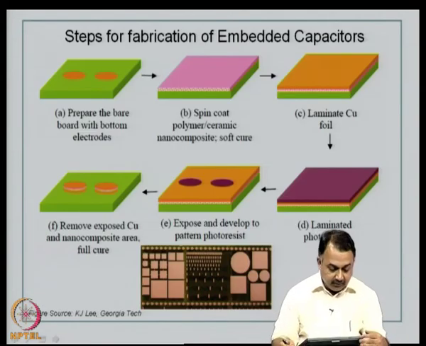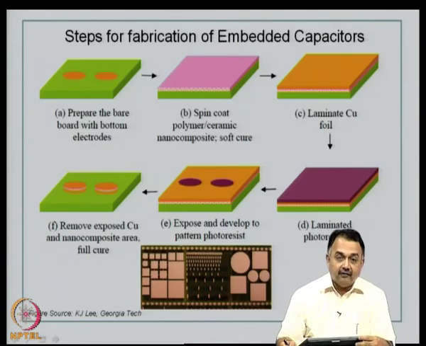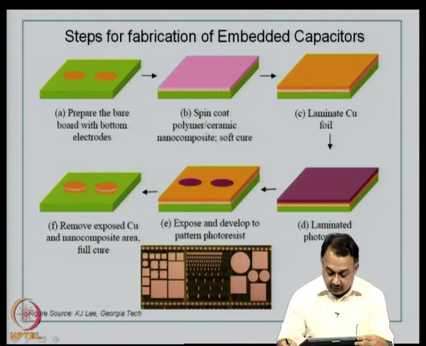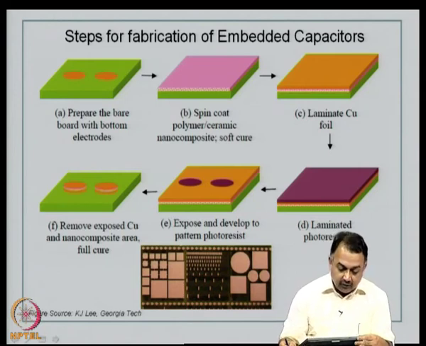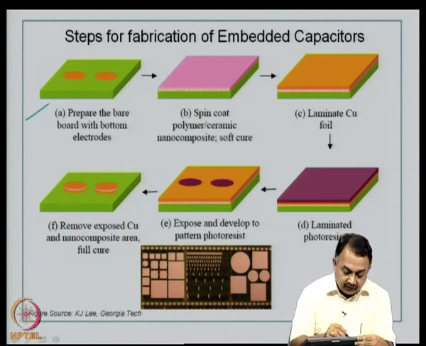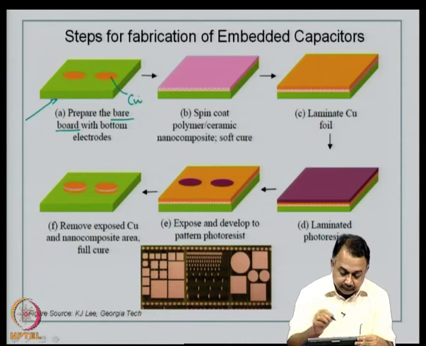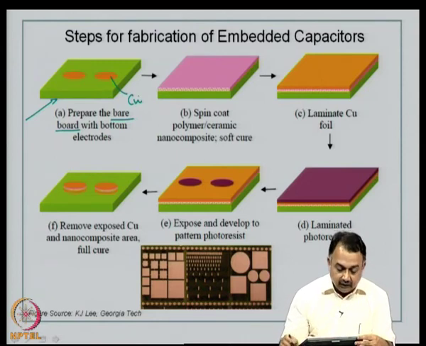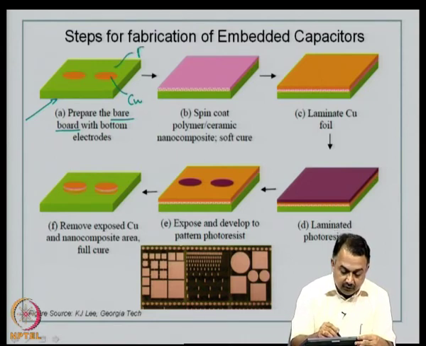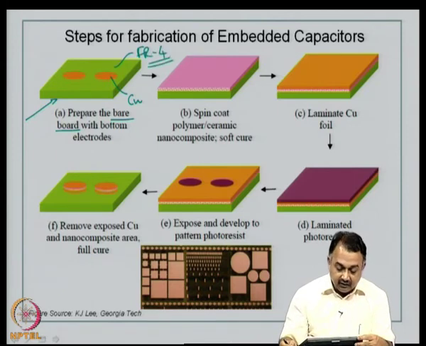Now, I will step into an illustration of embedded capacitors that could be prototyped, and this could also be used for large area. Now, you take a bare board, this is a typical printed wiring board with the bottom electrode. So, this is the copper, and this typically could be your FR4 material, glass epoxy composite material.